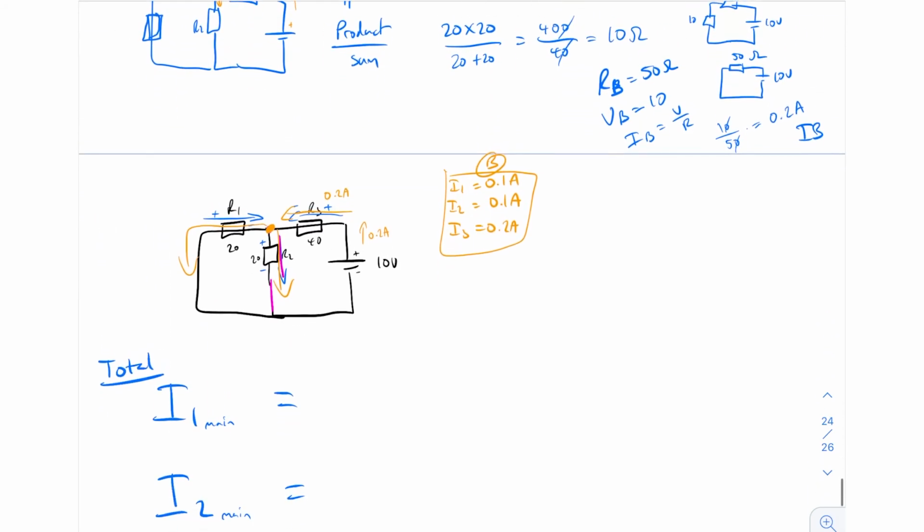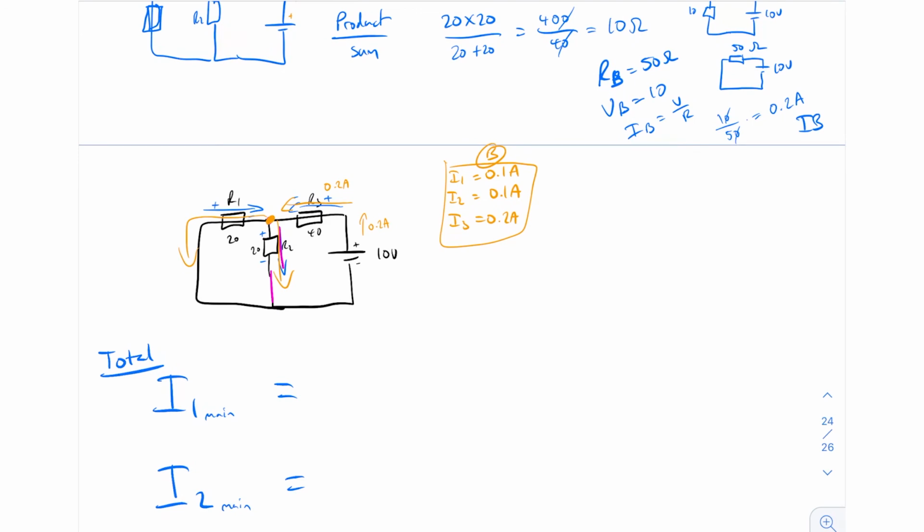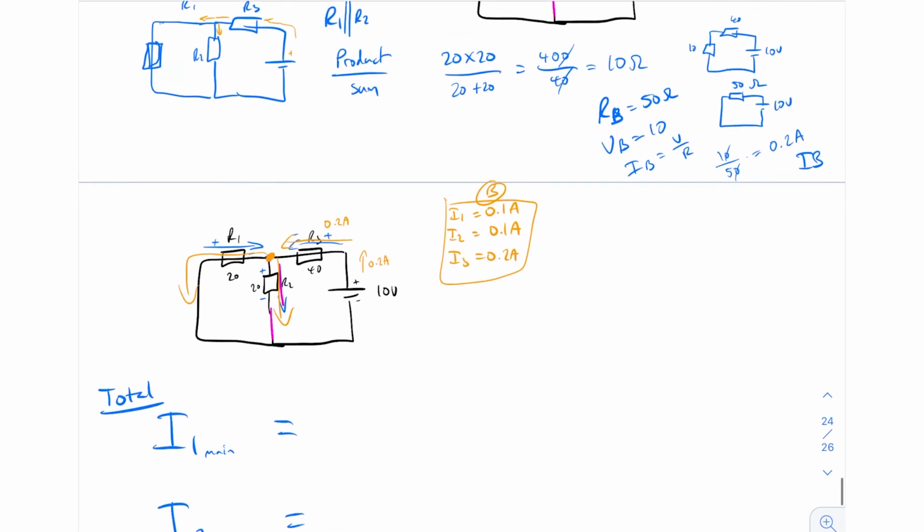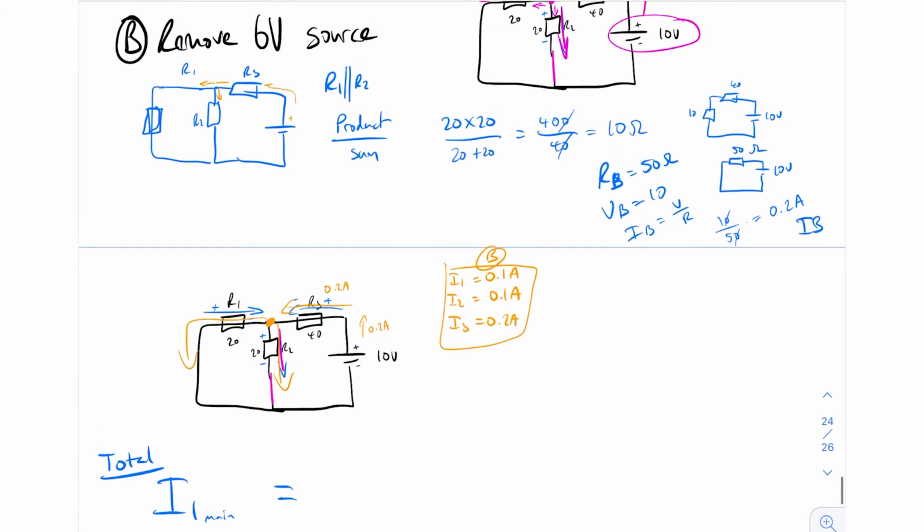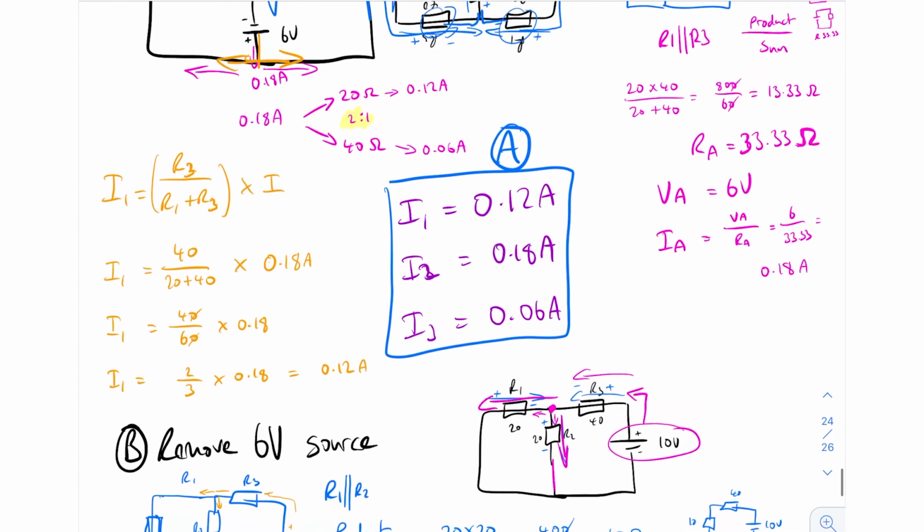let's take a look at the current in I1A. Is the current in I1 on the A circuit in the same direction as what we said originally, or is it in a different one? Remember, we determined it based upon the battery.